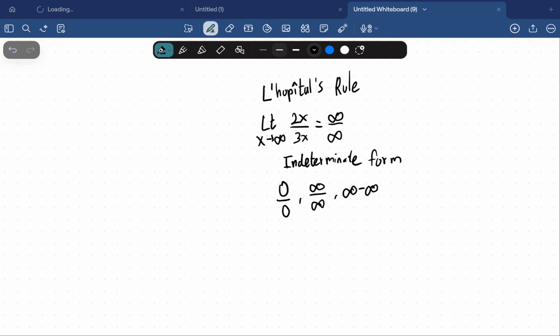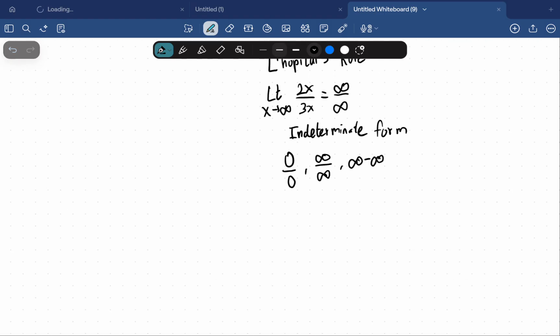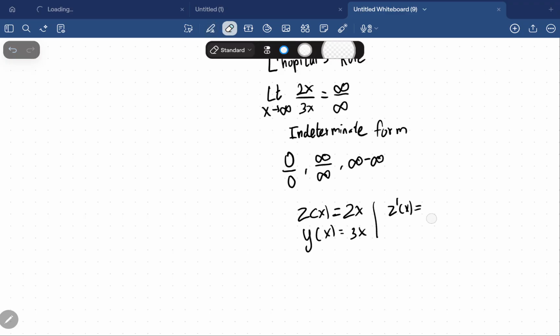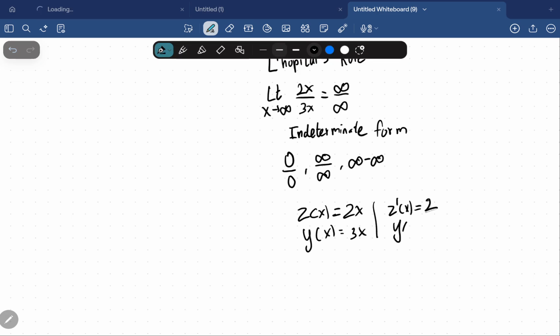So now let's solve this. We put z of x as 2x and y of x as 3x. Now if we differentiate these, pretty sure you guys know basic differentiation, we will get 2 and 3 respectively.